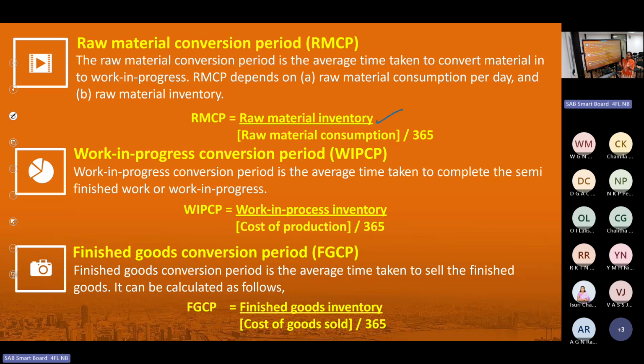As a company, you acquire raw material inventory. So divide the raw material inventory by raw material consumption for a day, which is called daily raw material consumption.